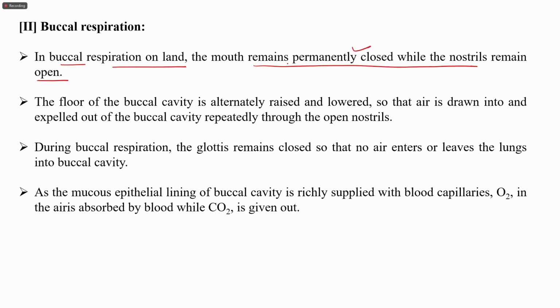The floor of the buccal cavity is alternately raised and lowered so that the air can be drawn in, and air is expelled out repeatedly through the open nostrils.